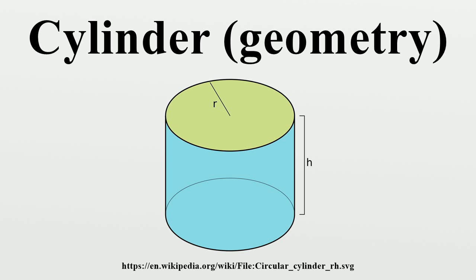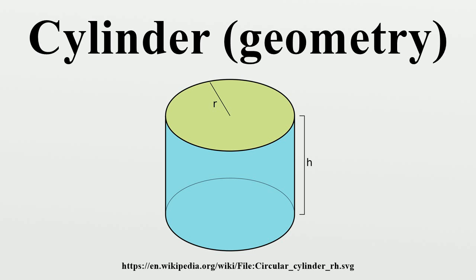An open cylinder does not include either top or bottom elements, and therefore has surface area L equals 2 pi rh. The surface area of a closed cylinder is made up of the sum of all three components: top, bottom and side. Its surface area is A equals 2 pi r² plus 2 pi rh equals 2 pi r(r plus h) equals pi d(r plus h) equals L plus 2B, where d is the diameter.